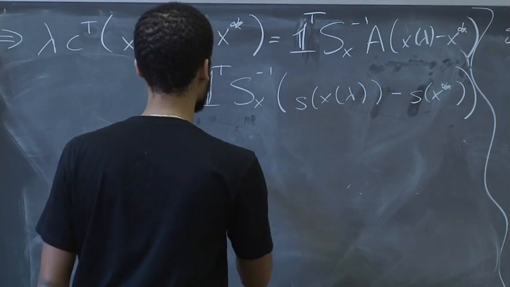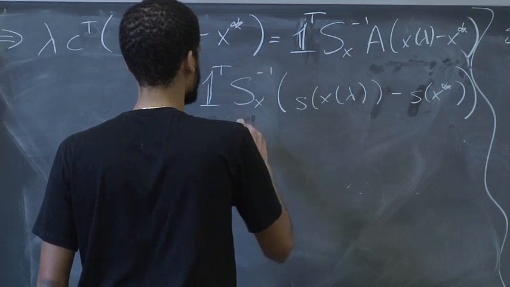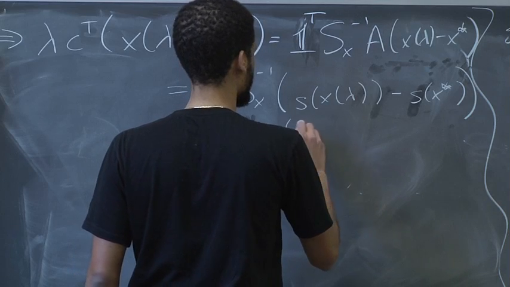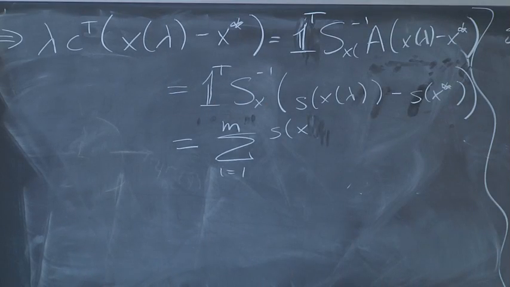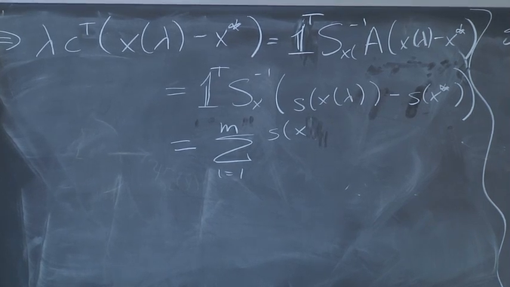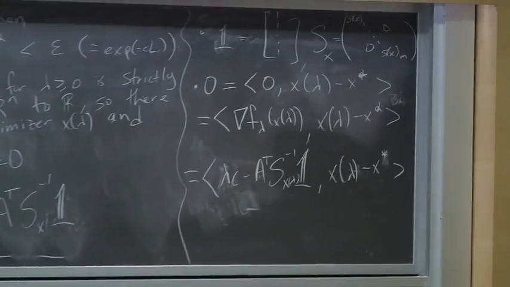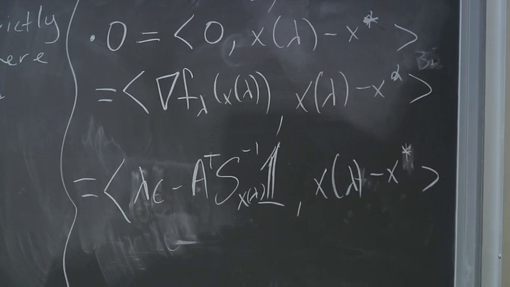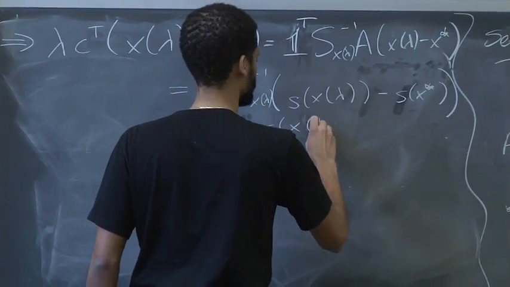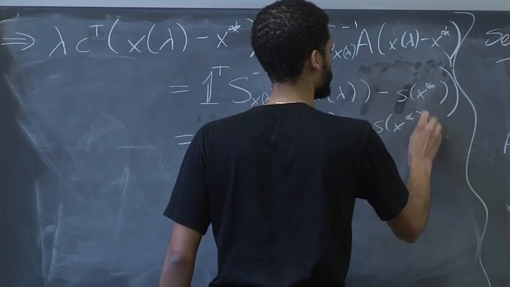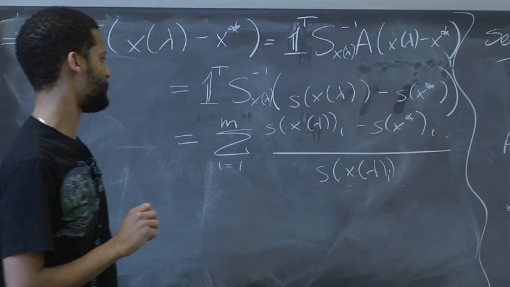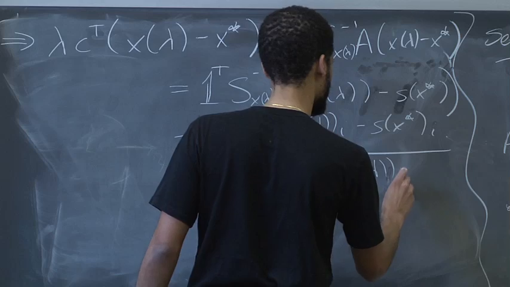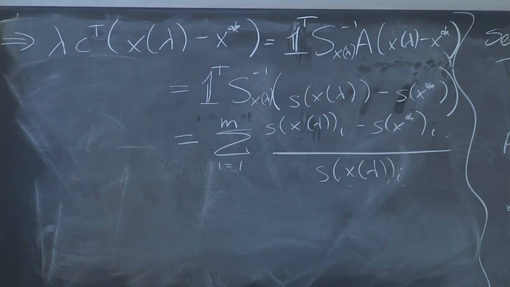So this thing is equal to the sum, i going from 1 to m, of s of x lambda sub i minus s of x star sub i over the slack of x lambda sub i. This is the slack vector at x lambda. Are people with me?